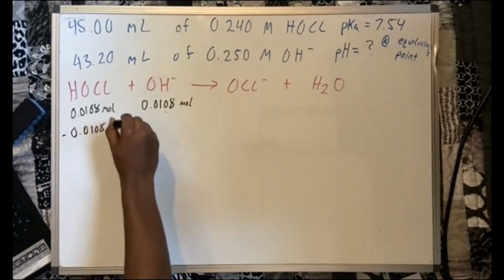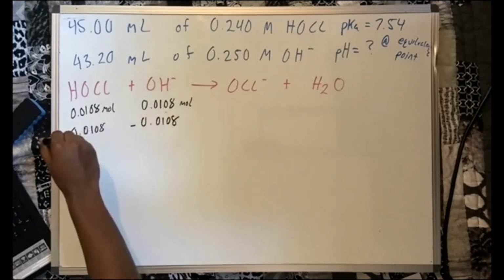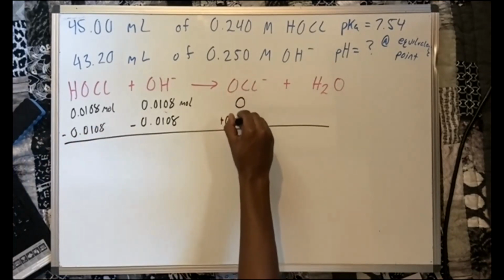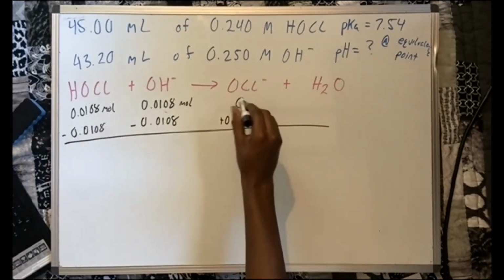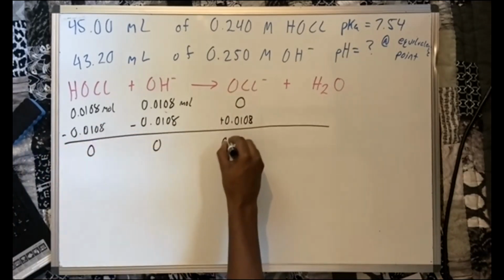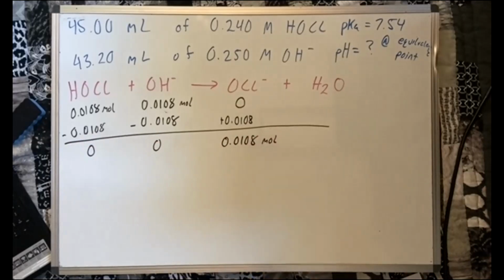Actually, both of them are limiting, right? So we have 0 plus 0.0108, none of that, and all of this, 0.0108 moles.